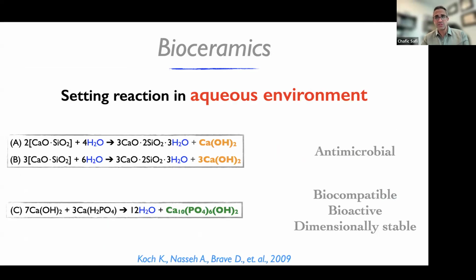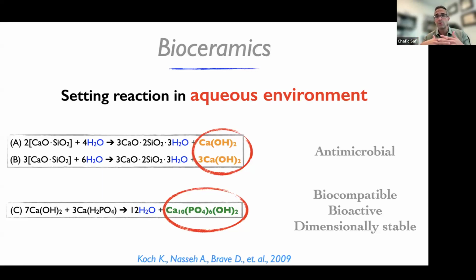The biggest advantage of bioceramics is that when they set, they produce calcium hydroxide and hydroxyapatite. We all know that calcium hydroxide is an antimicrobial agent, and hydroxyapatite is a biocompatible, bioactive, and dimensionally stable material.